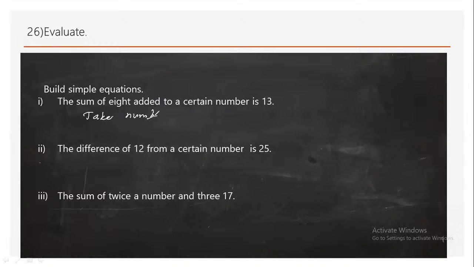Then you can write the sum of 8 added to a certain number equals 13. This is the equation. The difference of 12 from a certain number, I will take as a.